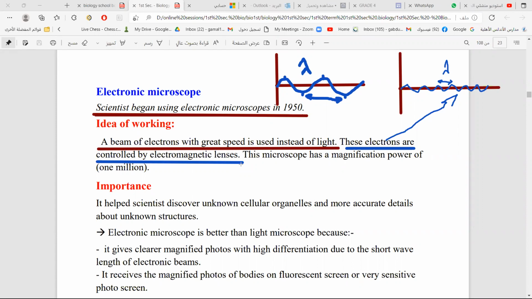And this microscope has a magnification power that can reach 1 million times, and the photo is still clear. But in the light microscope, if you make magnification more than 1500, the photo becomes unclear. But in the electron microscope, you can magnify the sample more than 1 million times.